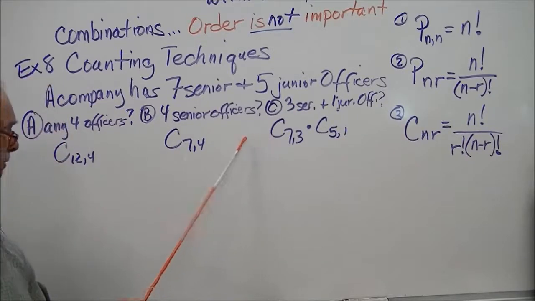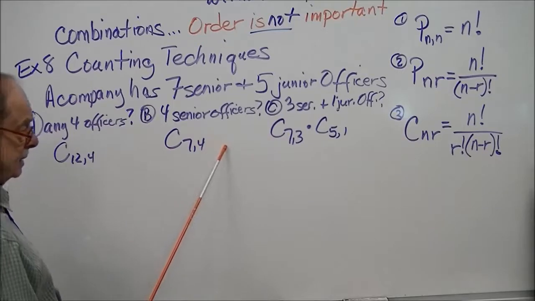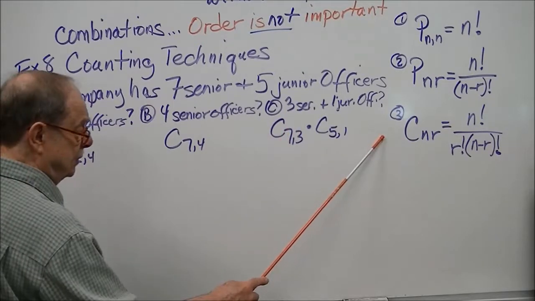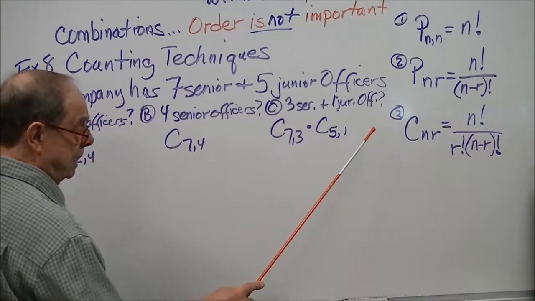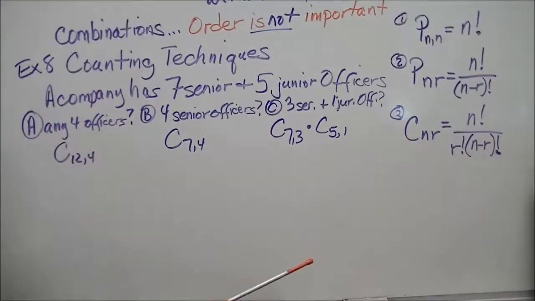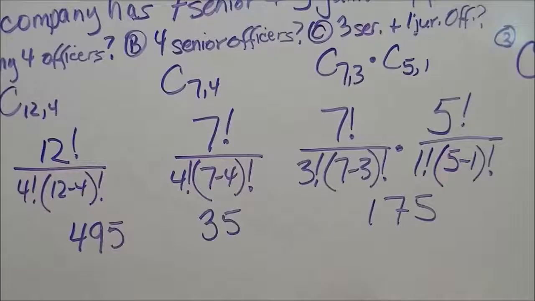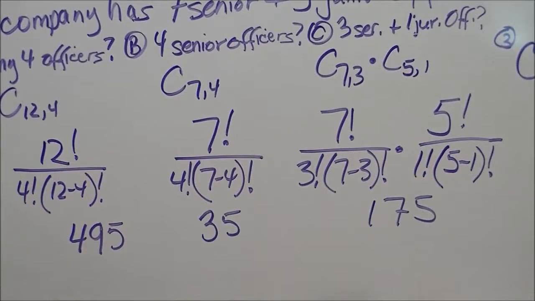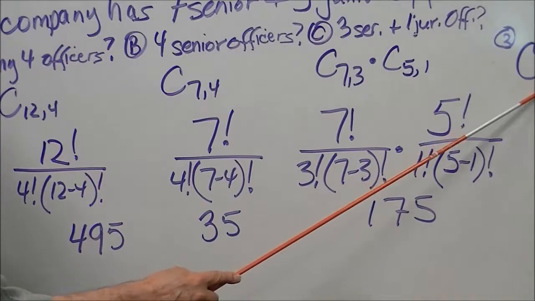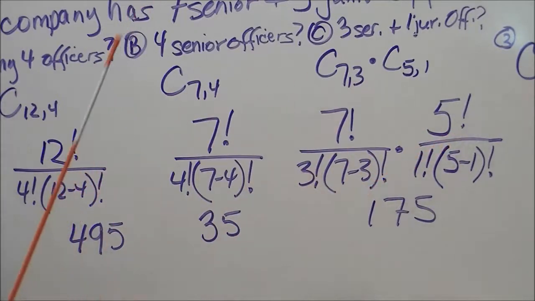Okay, now what we want to do is put these into formula 3. And I'll pause the tape, or you can pause it as you try to do that, and I'll do it here as well. Now, the next part is basically mechanical. We're using formula 3.